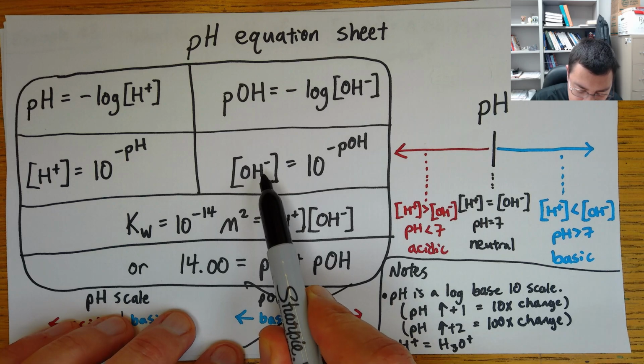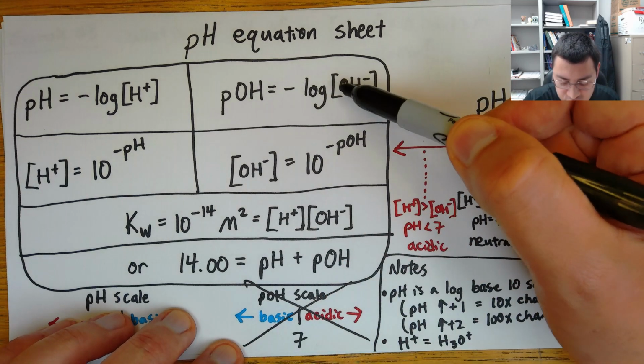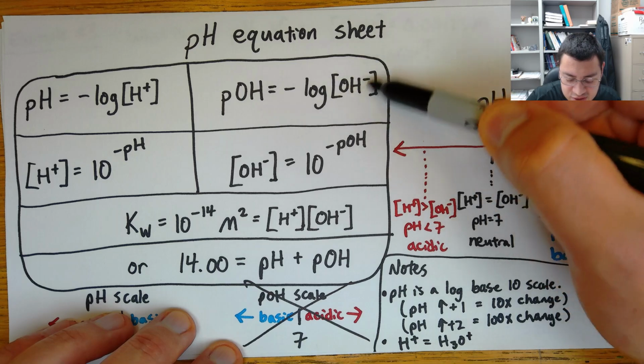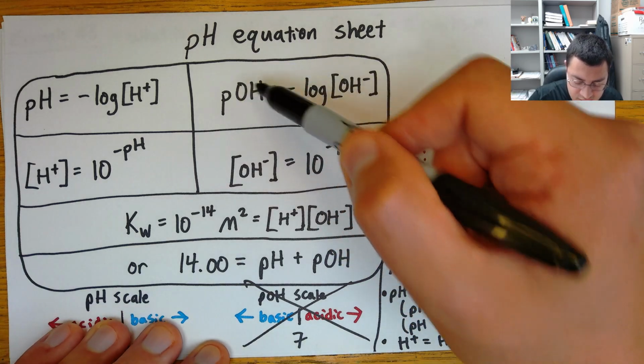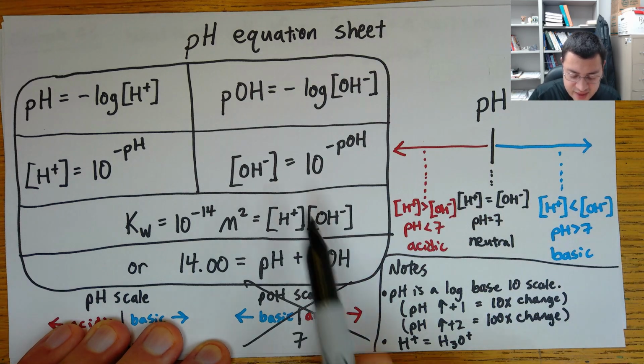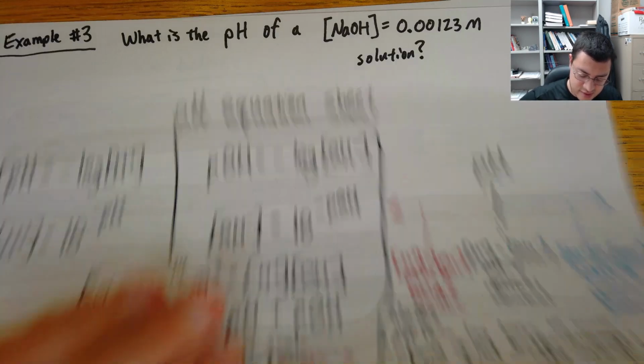Okay, here's the route I like. We can use this equation, plug in the OH minus concentration, take the negative log of it, and we'll get a pOH. Then to get the pH, we'll subtract that answer from 14. I like that.